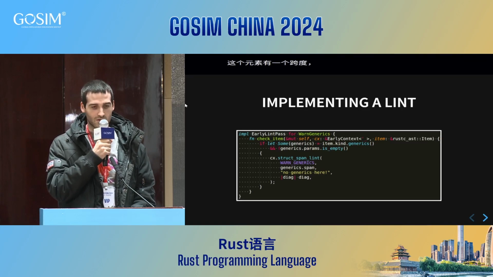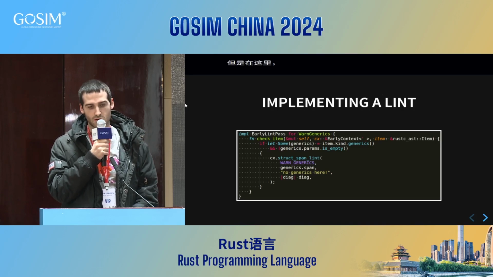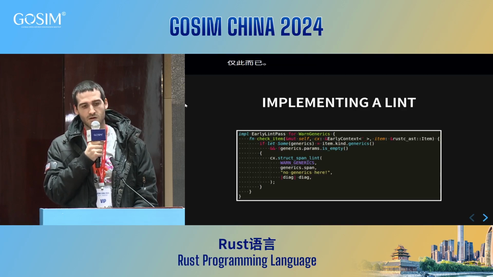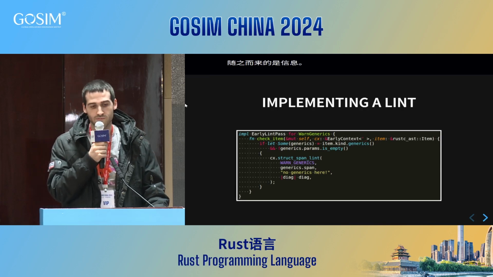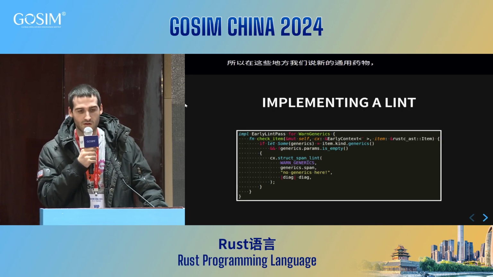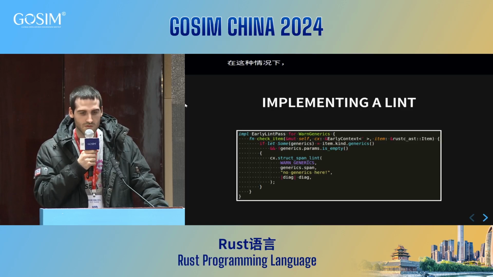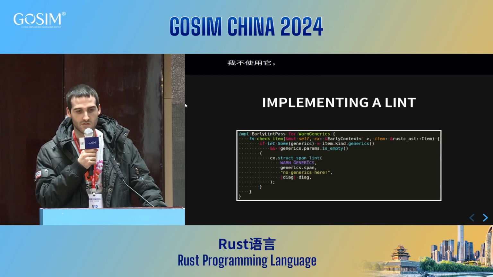And then comes the information. So here, we say no generics here, it's not allowed. That's the message that the users will see. And finally comes a closure taking an extra type, diag. In this case, I don't use it, but you could say, for example, try remove this, or have help messages or anything.